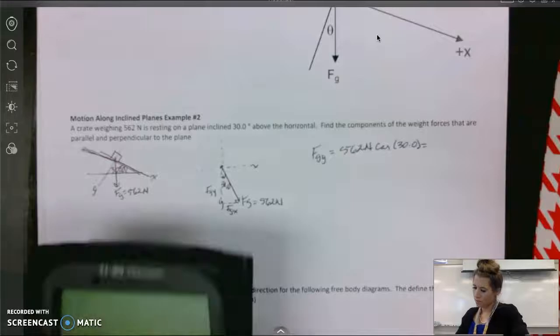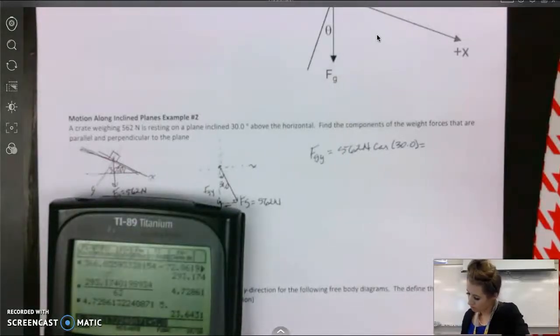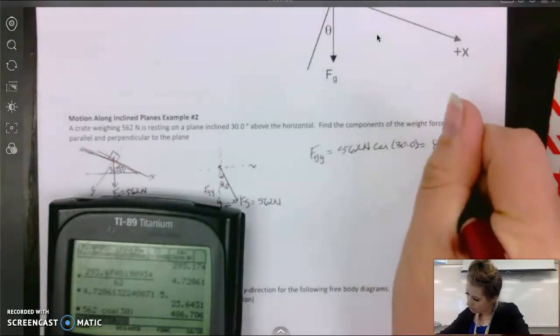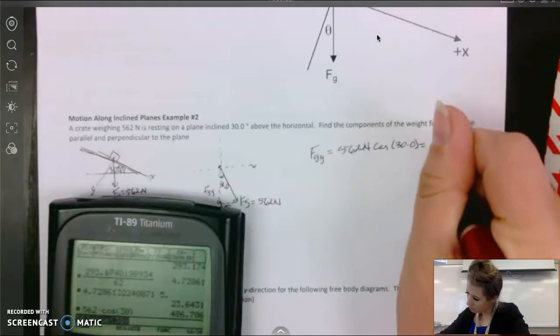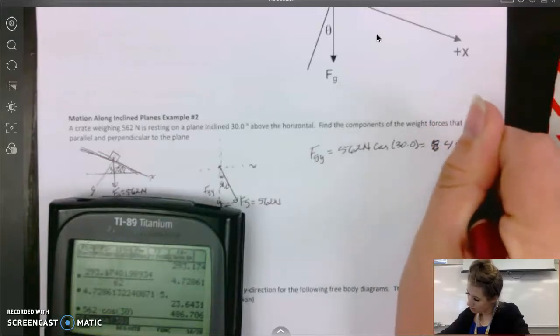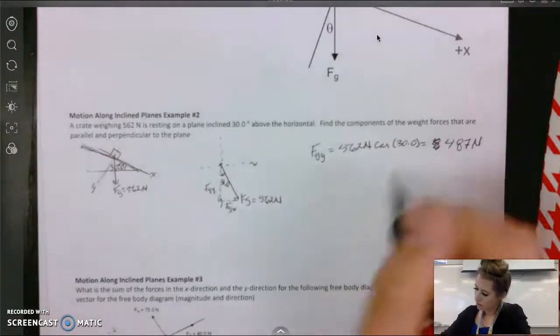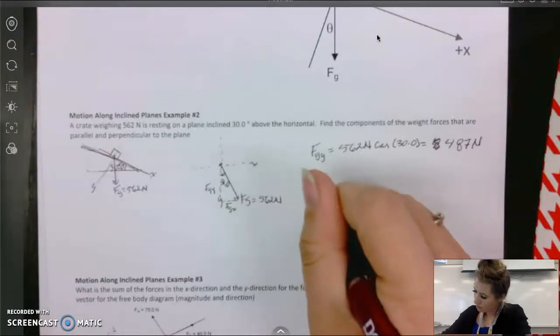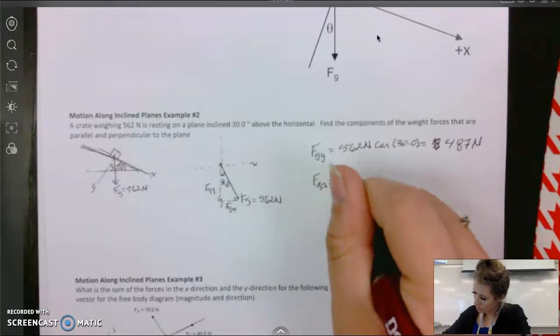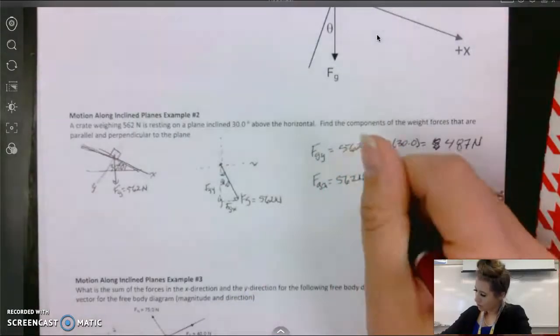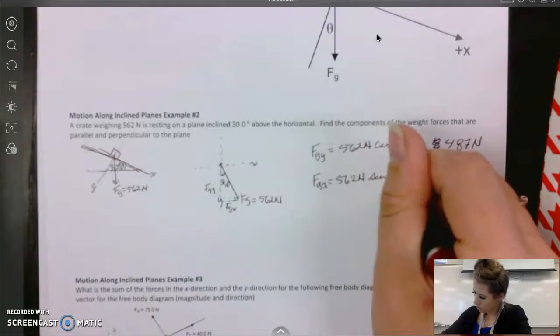Plug that in. 562 times the cosine of 30, 487 newtons. Okay? And then we have force due to gravity in the x component, which would be our hypotenuse, our magnitude of the force due to gravity, sine 30.